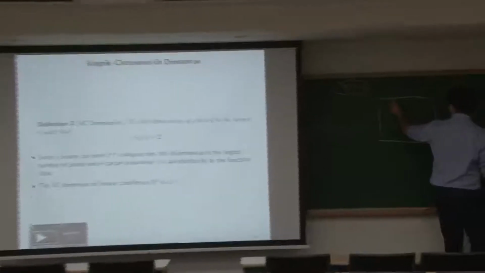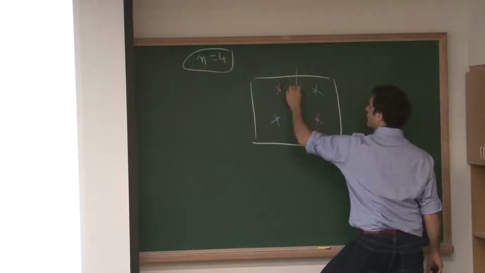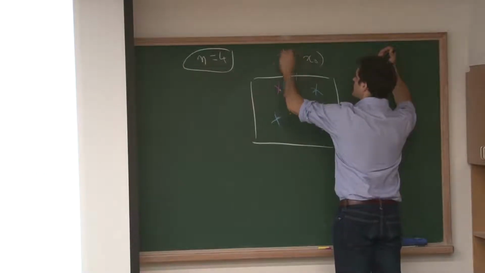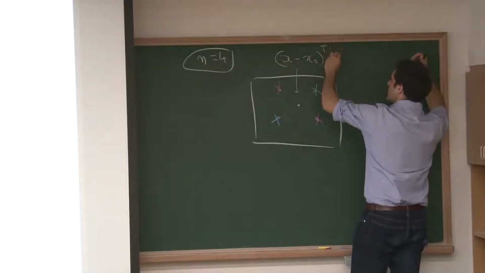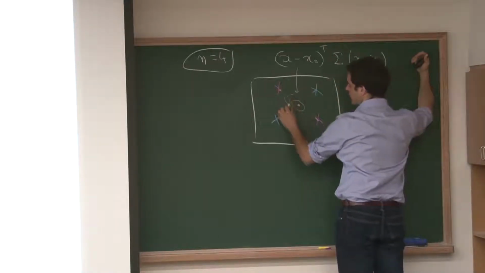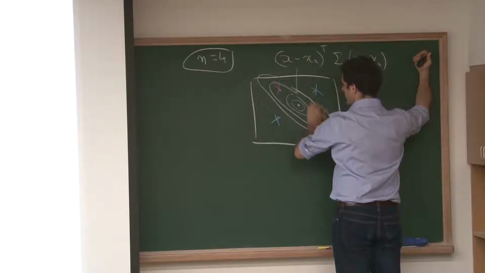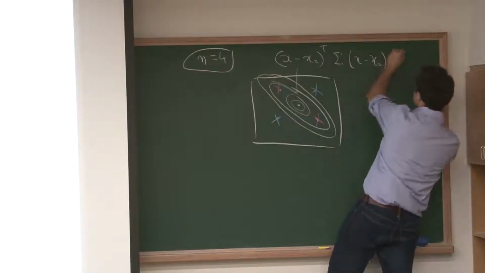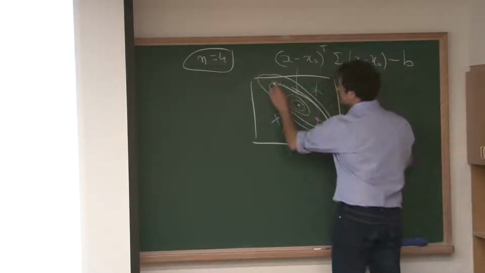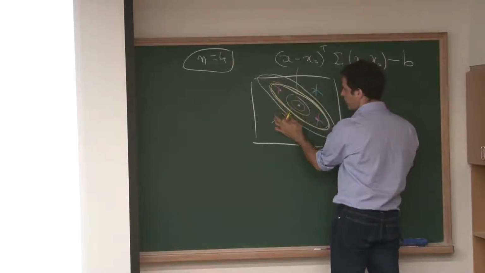Imagine the quadratic function, which is somehow centered here, is equal to 0 here. The function would be something like x minus x0 transpose some matrix times x minus x0. Now we get some kind of ellipsoid if you want. Like this. And I will make sure by adding some constant that this here is equal to 0, that this here is positive and below it becomes negative.